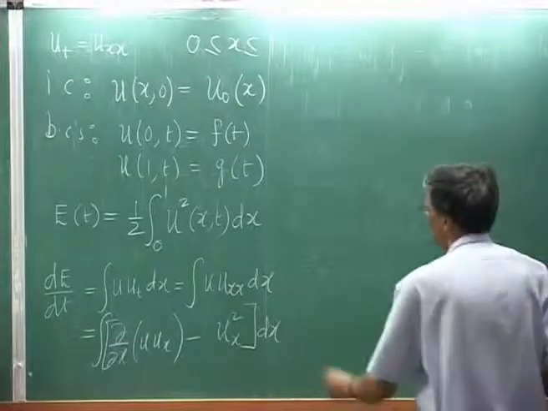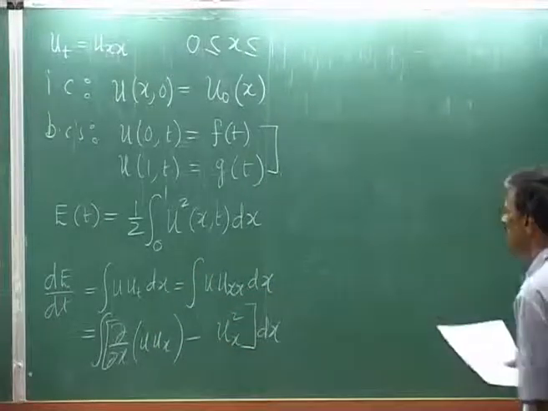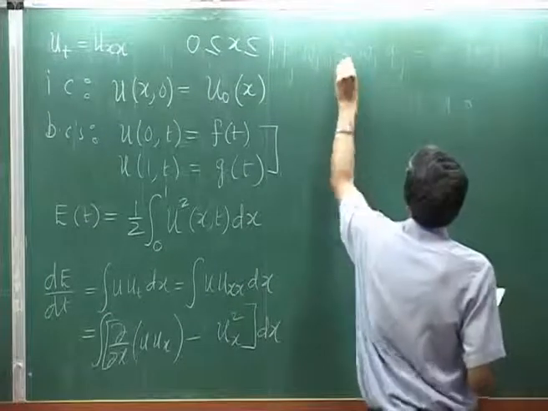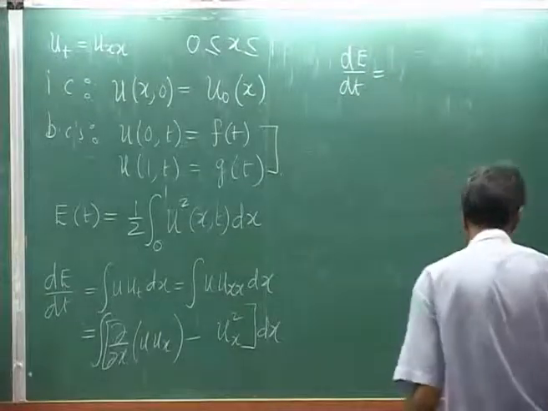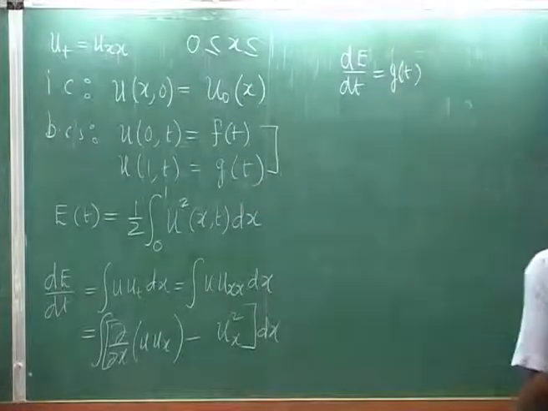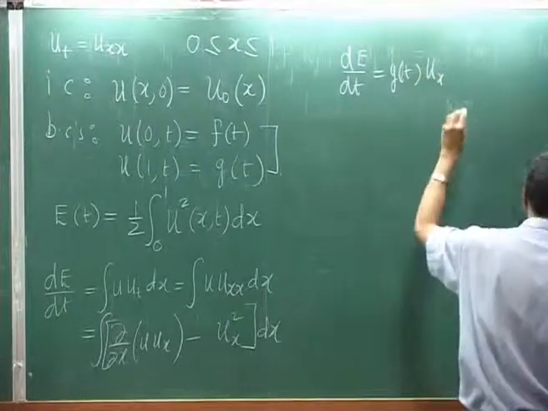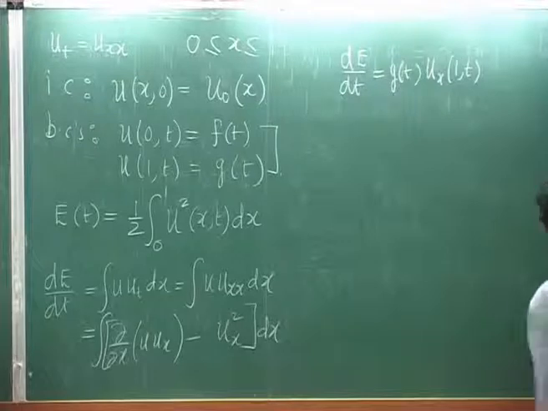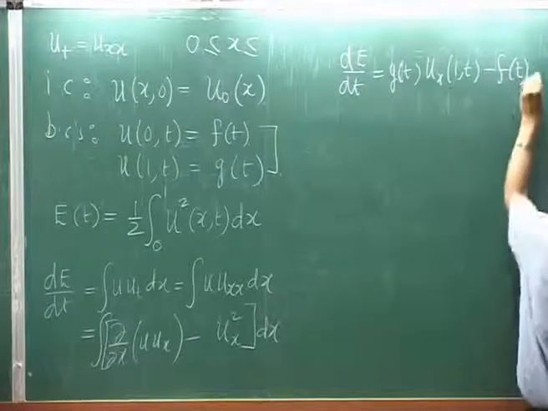Now, with the help of these two boundary conditions, the first part could be exactly integrated and the value substituted there, then I get dE/dt equal to g of t, that is at the upper bound what the boundary condition required, times u_x of 1 and t. u_x means, of course, the partial of u there, minus the condition at the lower limit.